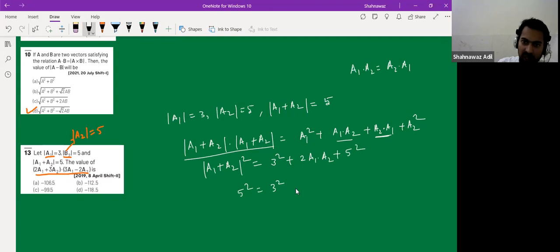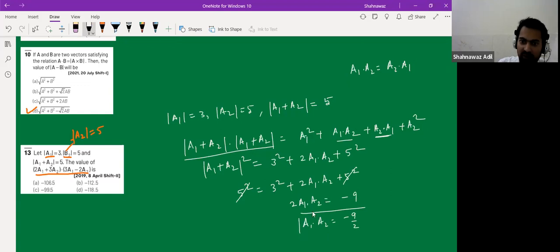This is 3 square, so this cancels, and we have 2 A1 dot A2 equals minus 3 square, minus 9. So A1 dot A2 would be minus 9 by 2.